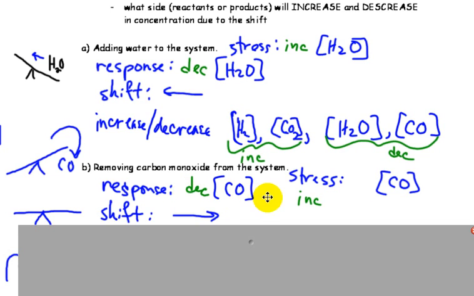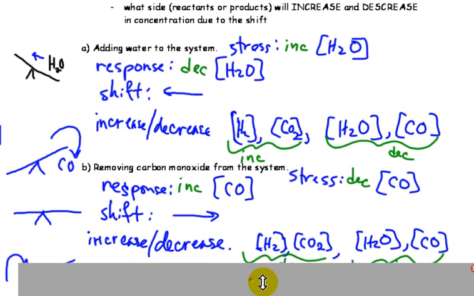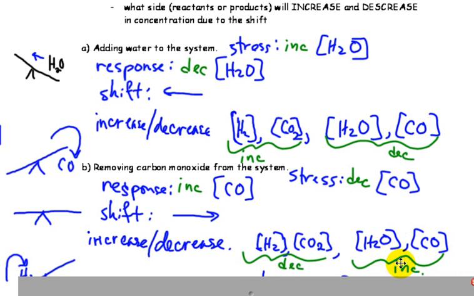Decreasing the CO, or I did have that right, I just had the stress in a different spot. So if the stress is decreasing CO, the response is to increase it again, and I can do that by shifting things to that light side, shifting things to the right. And of course, everything that's on the right-hand side will increase in amount, everything that's on the opposite side will decrease.